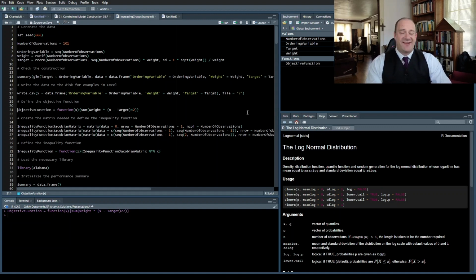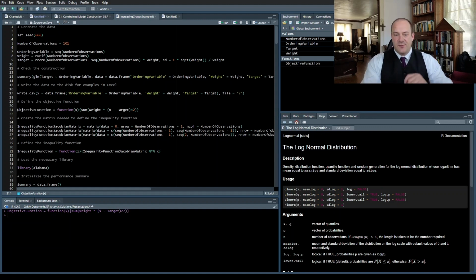Similarly, if we want x3 bigger than x2, that means we want x3 minus x2 to be greater than or equal to 0. And same thing with x4 being bigger than x3. x4 minus x3 has to be greater than or equal to 0.